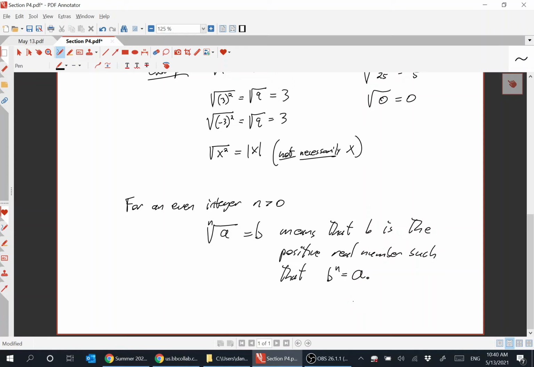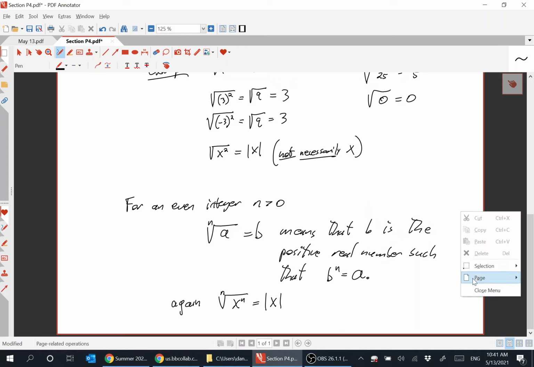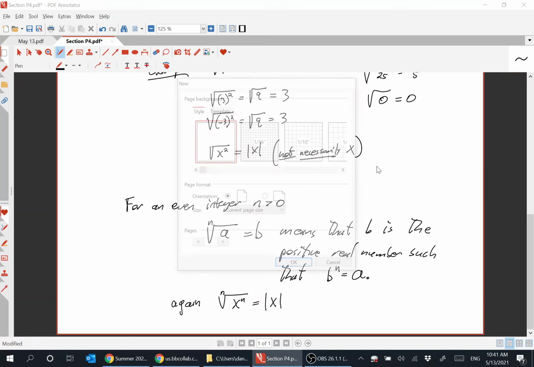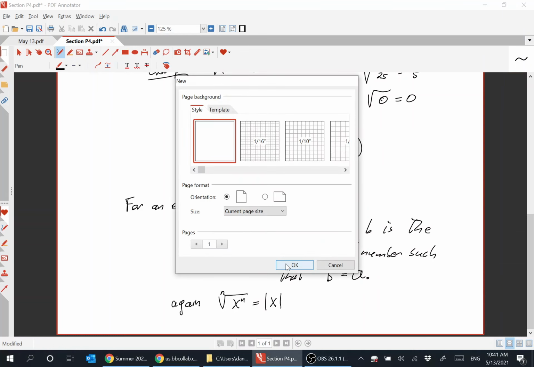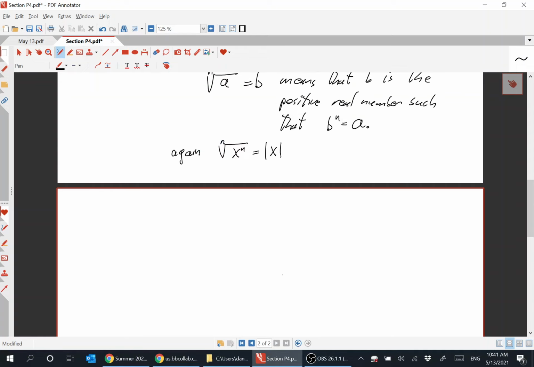And again, the nth root of x to the n, for even values of n, is equal to the absolute value of x, because you need to keep it positive. So a similar sort of example would be like this.